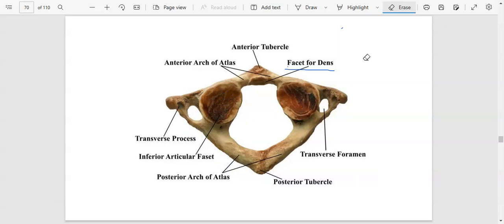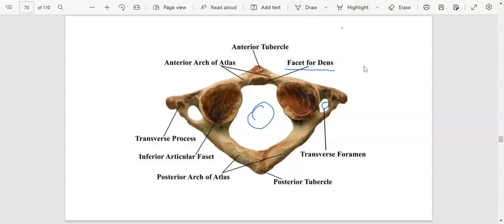Right, and then you have got a transverse foramen. A foramen is simply an opening. So this is a foramen. Even this region here is also a foramen. So this is the structure of the atlas or C1. So when we get to see it, just looking at it, we should be able to identify it, and we should be able to identify the parts which it has.